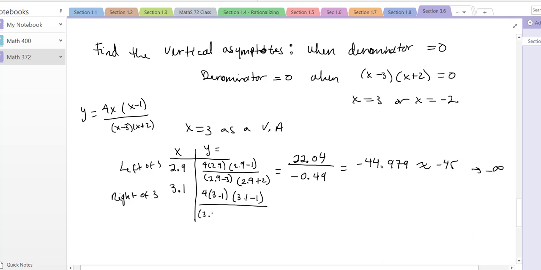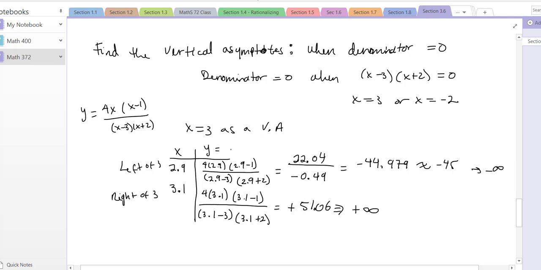Now you have 3.1 minus 3, which is positive, times 3.1 plus 2, which is also positive. So this whole thing is going to be a positive number. When you do it on a calculator, you'll see that this is going to positive infinity. The number I got on my calculator is 51.06. So notice that it's going towards positive infinity.